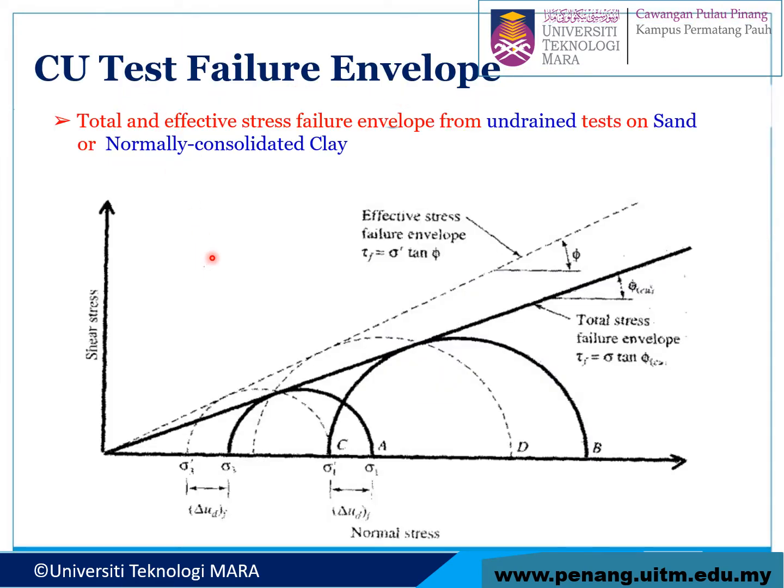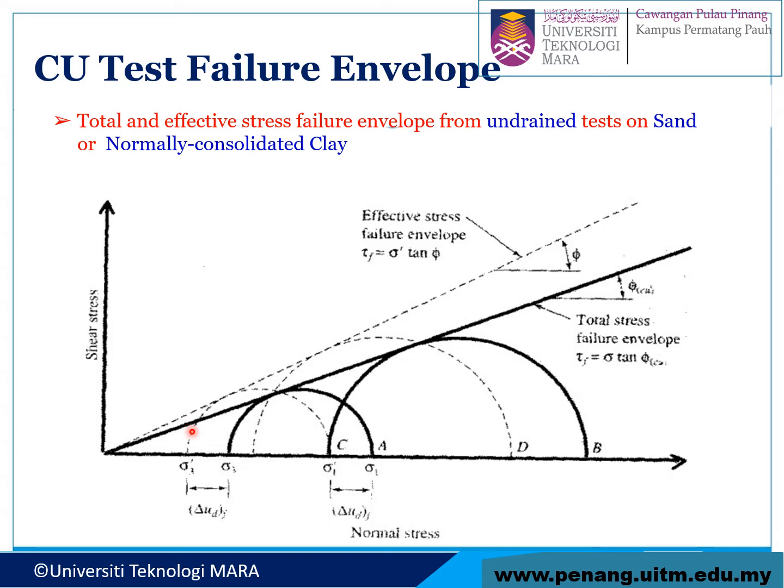So this one is the CU test failure envelope. For CU, you have to know that we can draw two graphs, two Mohr circles. First is total stress. For example, here we have two cell pressures, 100 kilopascal and 200 kilopascal, and then you determine the value of total stress. Total stress means that you do not deduct the pore pressure.